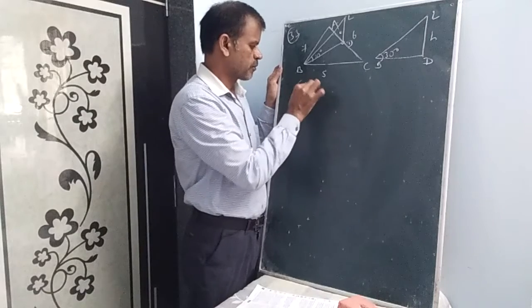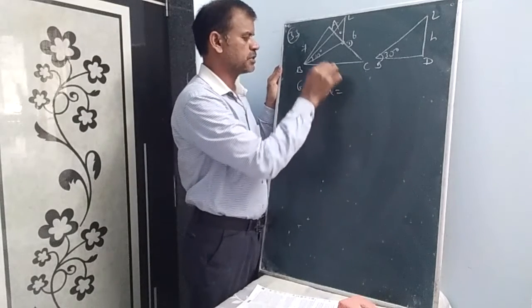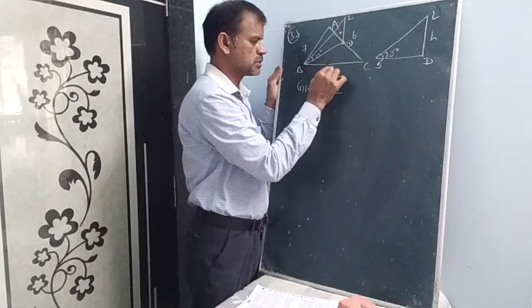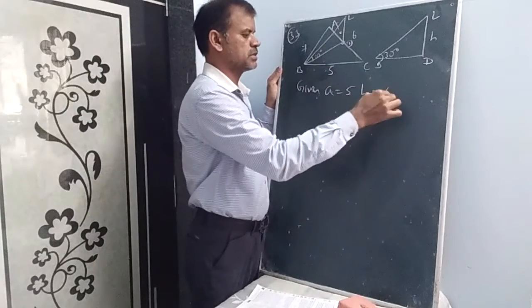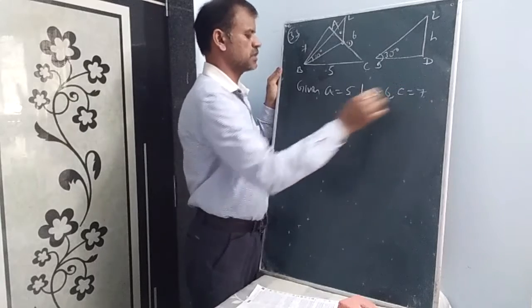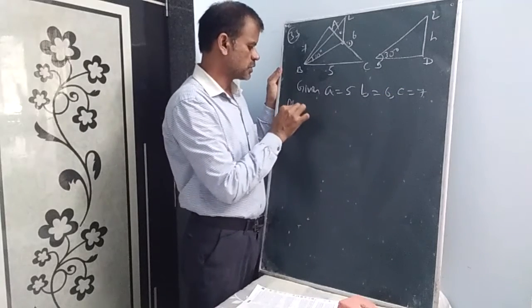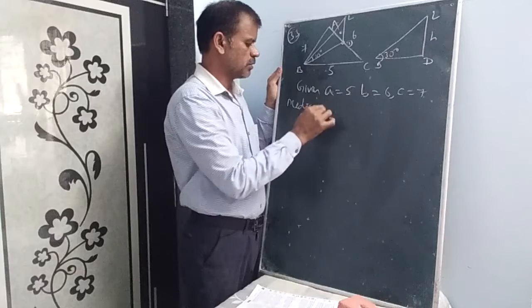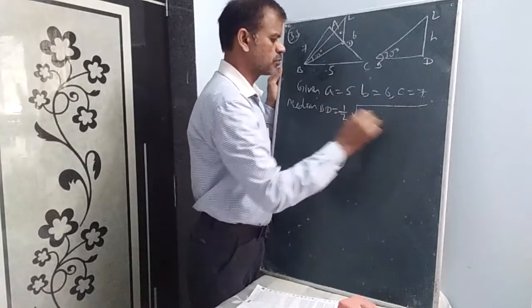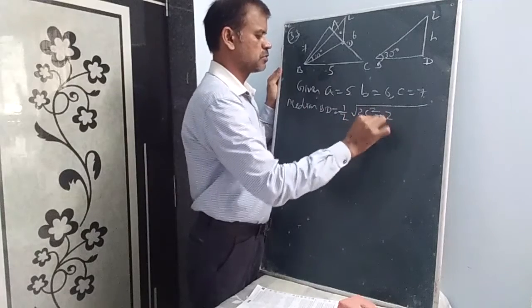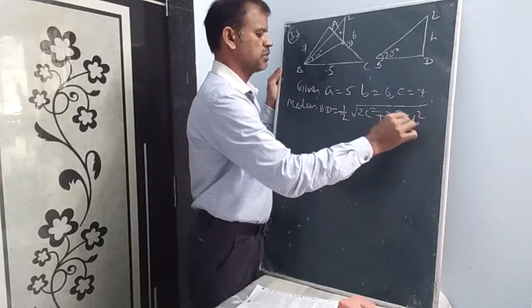Given: a, opposite of capital A, small a, is equal to 5. And b, opposite of capital B, is 6. And small c is equal to 7. Median opposite to B, median BD formula: 1 by 2 into square root of 2c square plus 2a square minus b square.